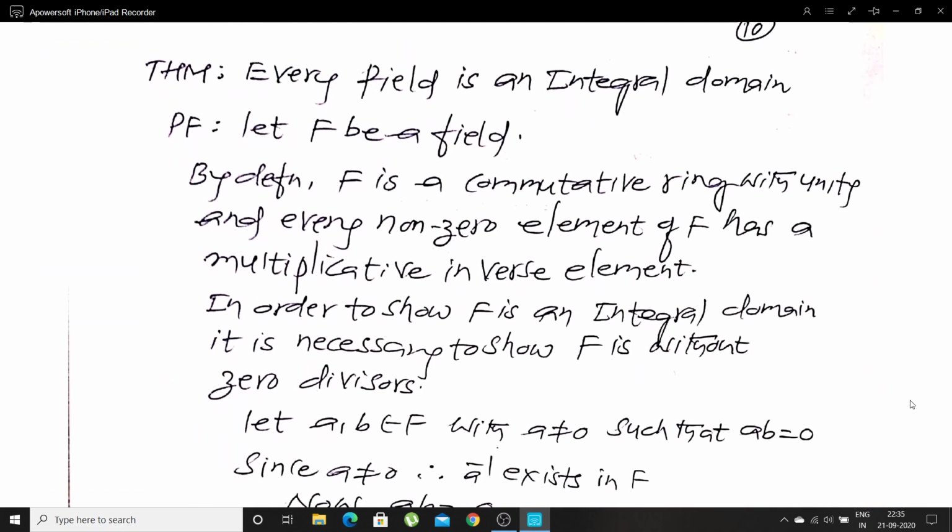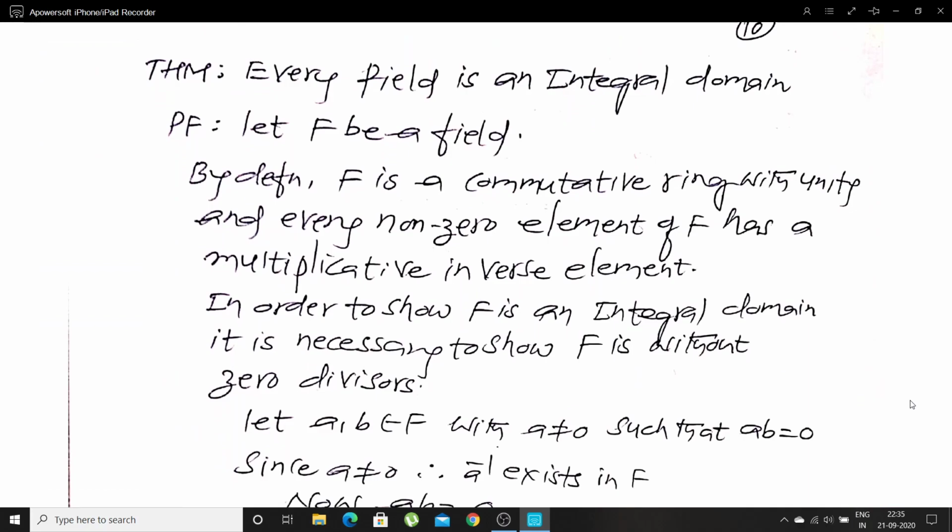Now I'll take one important theorem. Every field is an integral domain. We know the definition of field as well as the definition of integral domain. The common point between these two definitions is a commutative ring with unity. Since F is a field, clearly it is a commutative ring with unity, and every non-zero element of F has a multiplicative inverse.